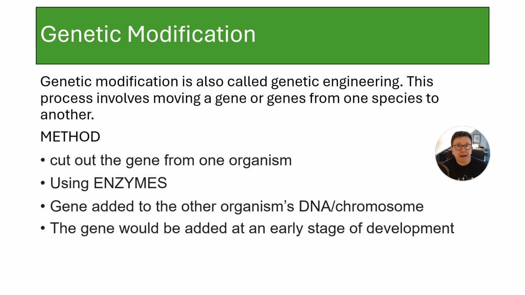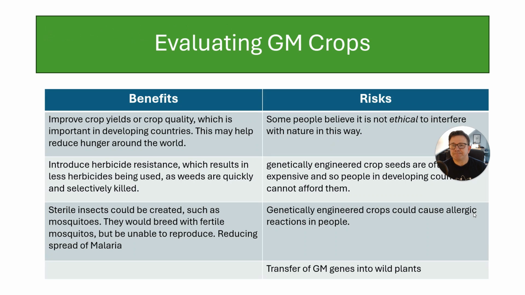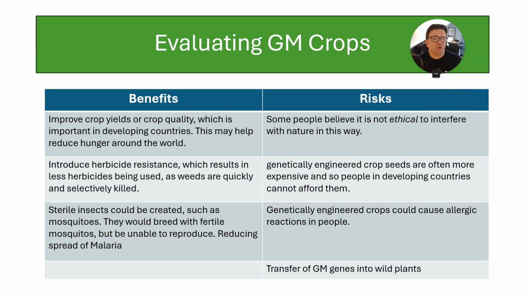They might ask you about insulin production. Insulin uses bacteria: you put the human insulin gene into a plasmid in the bacteria, and because they reproduce asexually, they clone and can produce lots and lots of copies of the human gene that releases insulin.